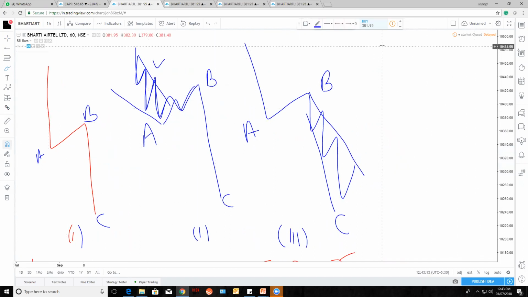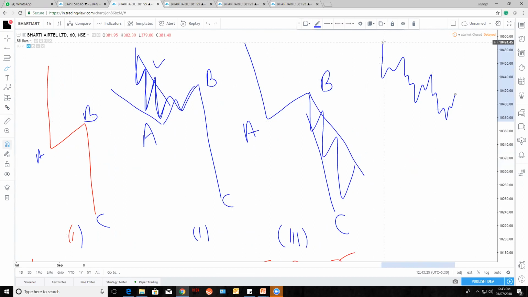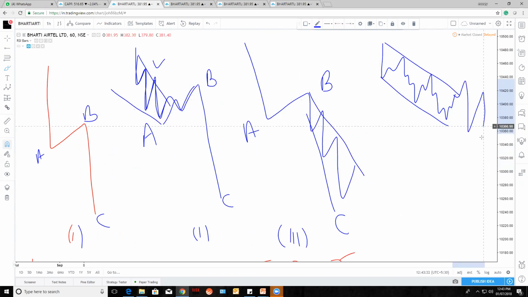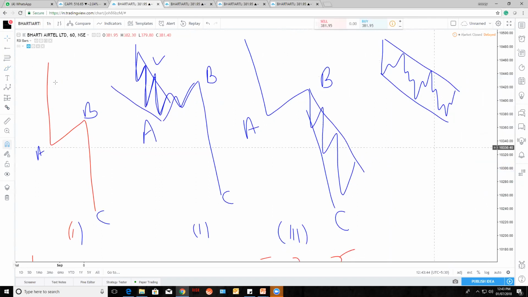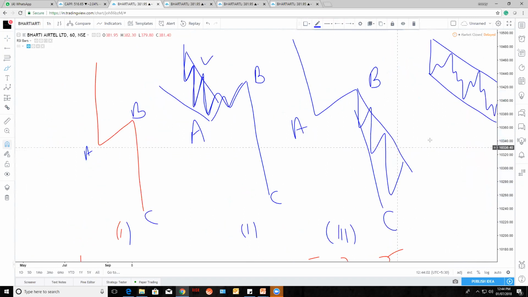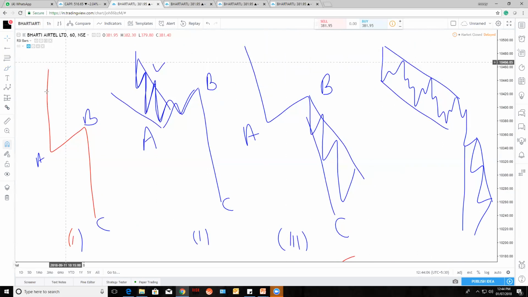Means when we combine these two, there is a fourth possibility, this.